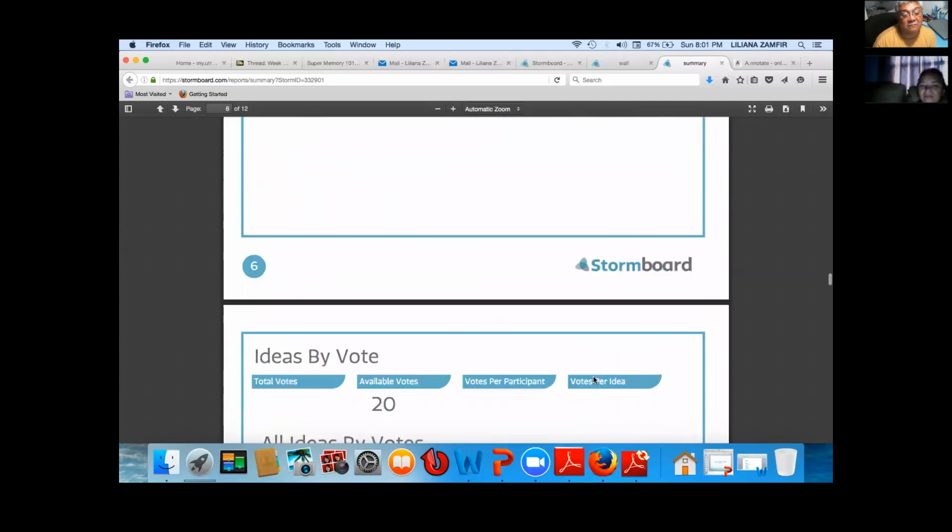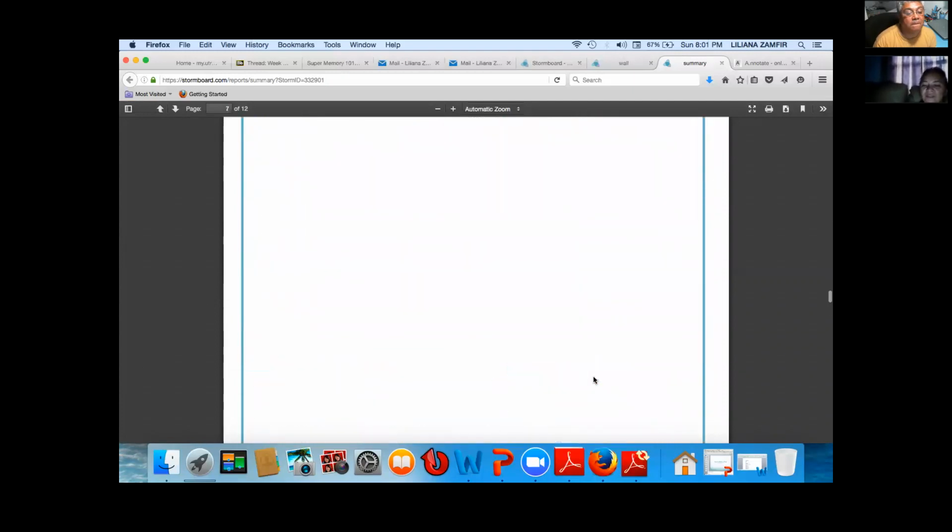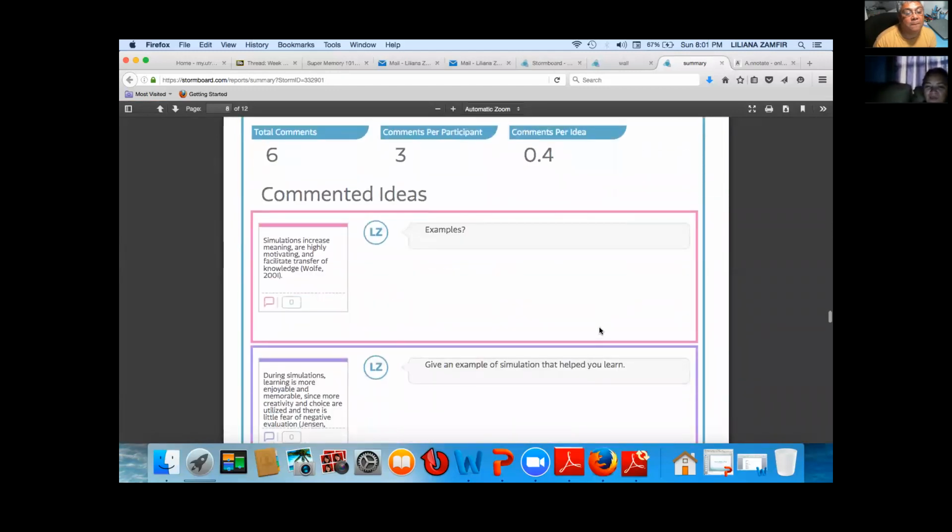And there is another page where, yeah, you're right, you can see the votes here, right? Yes, 20 possible votes, where each question is posted individually, and we can also see the replies. So the paragraph: simulations increase meaning, are highly motivating, and facilitate transfer of knowledge.